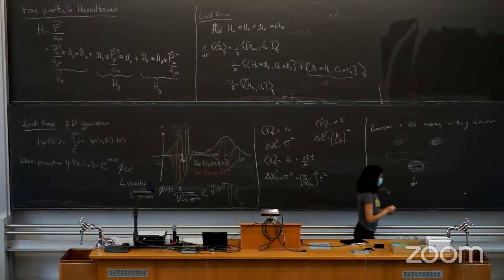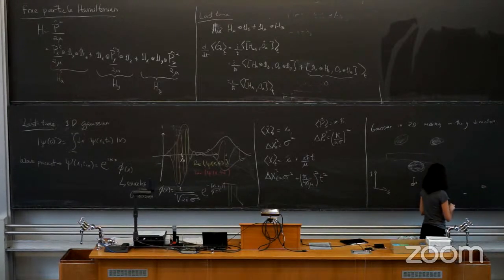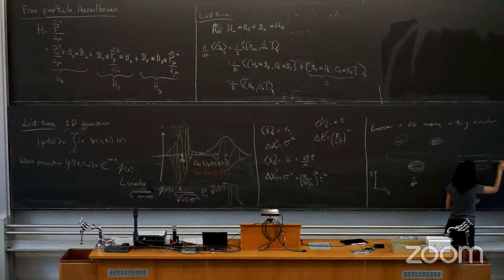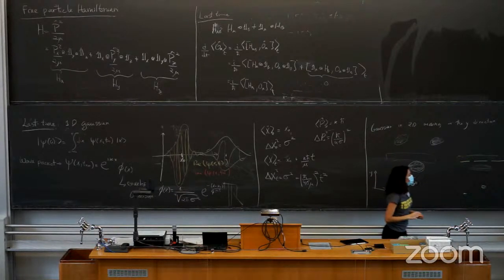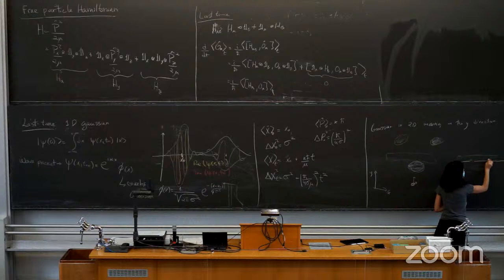Option 2, that we'll do next week: we have this blob here, this nice Gaussian blob, and I do a double slit experiment, meaning that I only let a little bit go here and a little bit go there.